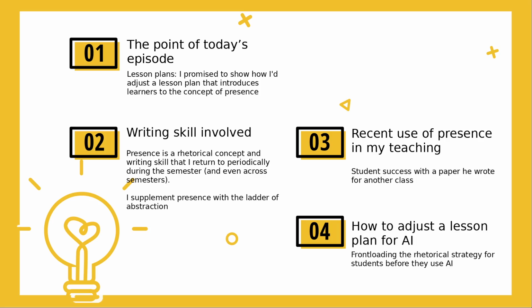And one of the things I suggested to him is that he could take a little bit more time in the paper and do a little bit more work with presence in terms of the ecology and perhaps also the animal, the species that he was writing about within that ecology, because that might help him show his instructor that he understood sort of how it worked, and it would just give them more to visualize, more to imagine.